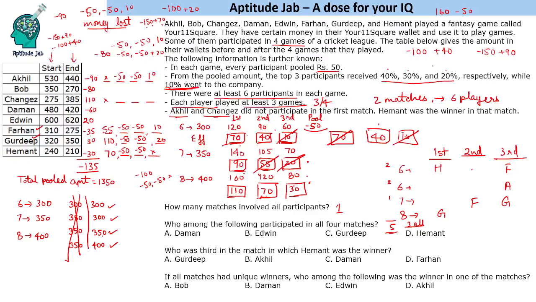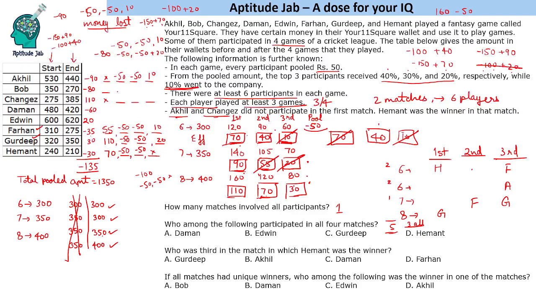Bob is minus 80, that could be minus 150 plus 70, or minus 100 plus 20. Now see, Bob has to make minus 80. Minus 100 plus 20 is not possible because this 20 is gone. So Bob will lose 150 and win 70 in one of the matches.